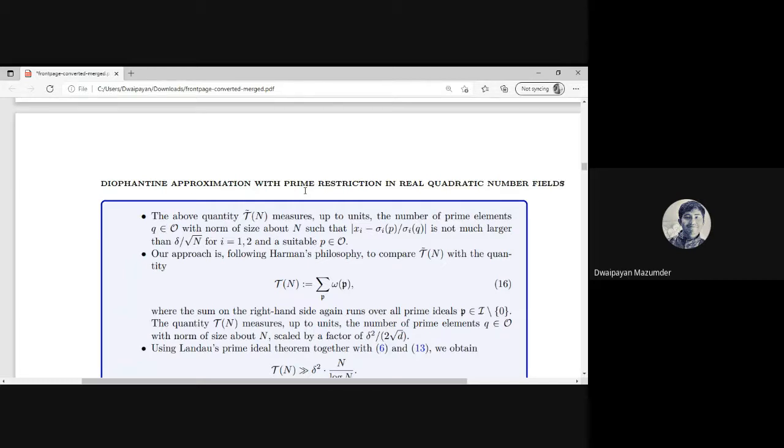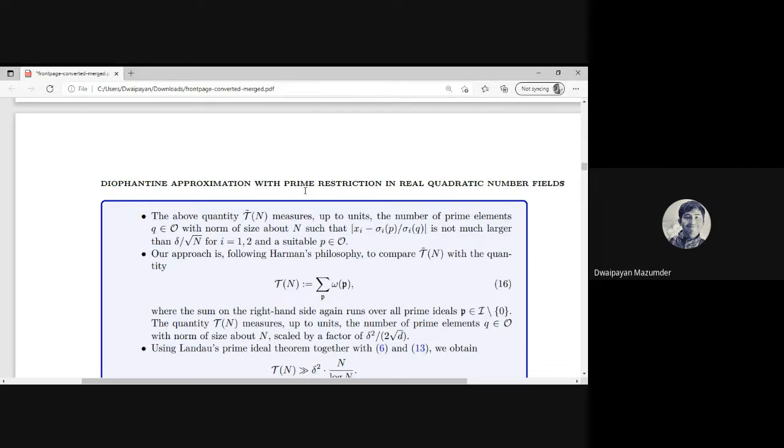So ultimately, to sum up, we are getting the number of prime elements q from the ring of integers, with norm of size about n, such that this particular distance xi minus sigma_i p by sigma_i q is not much larger than delta by square root of n for i equal to 1, 2, and a suitable prime p belongs to.